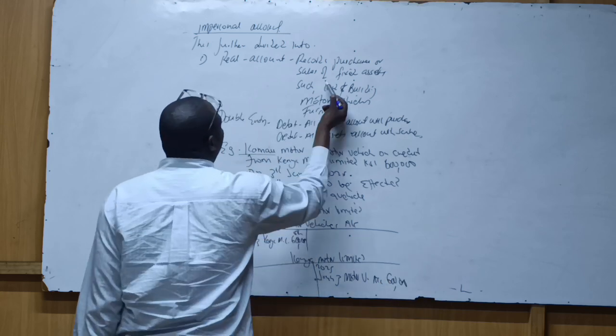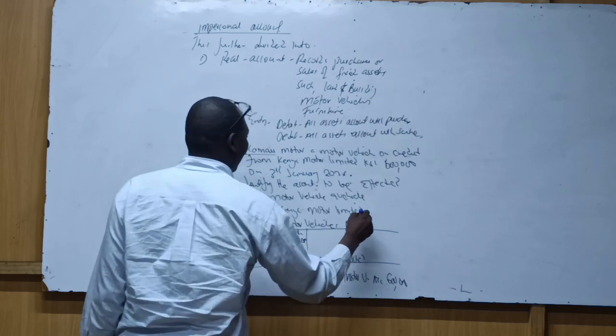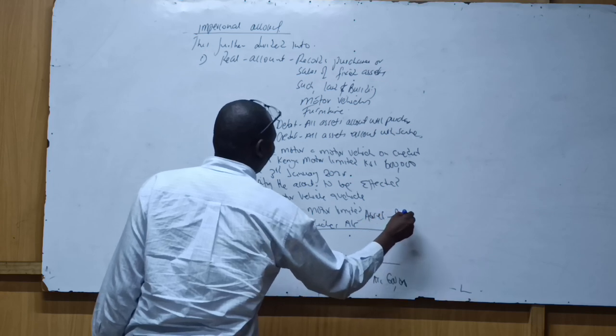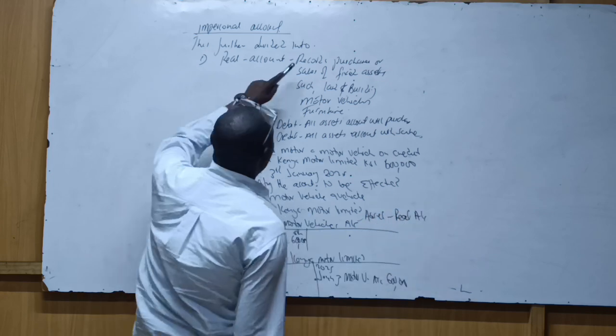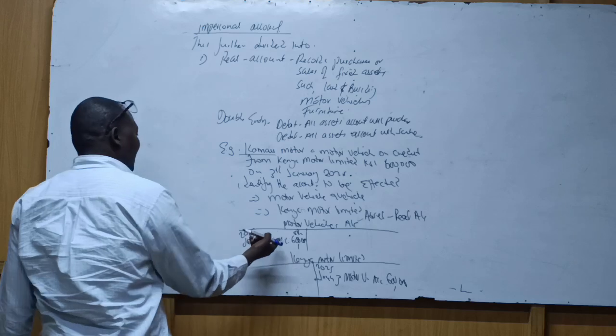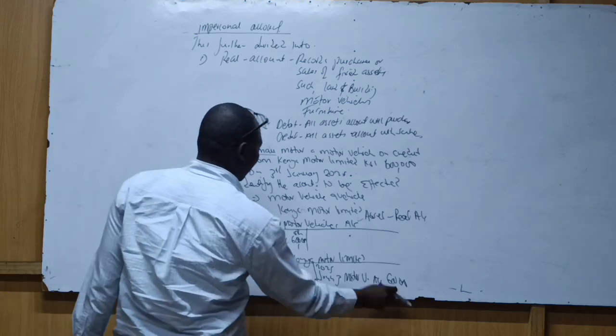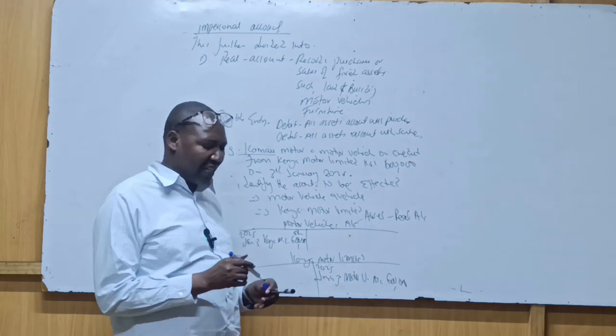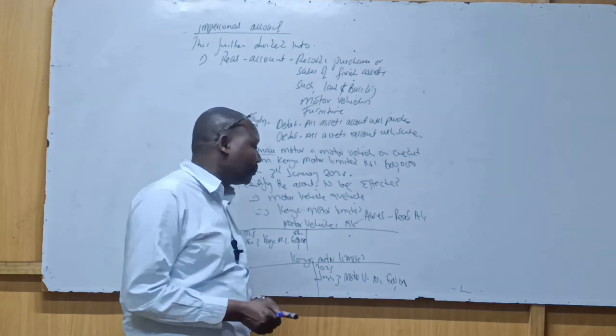I've said here debit all asset accounts. This is an asset, which is an example of a real account. We bought it, so we debit that account, but we credit the account that has given us the asset on credit.